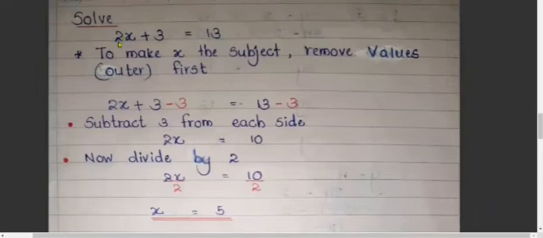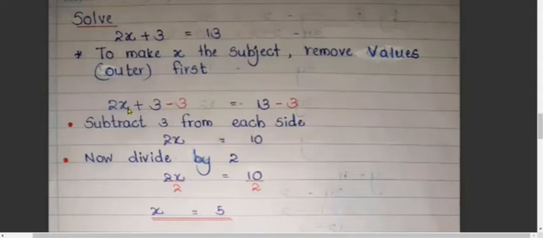Solve. 2x plus 3 equals 13. To make x the subject, remove outer values first, right? 2x plus 3. What is the opposite of plus 3? Inverse, minus 3. Then you have to do the same thing to the right side.